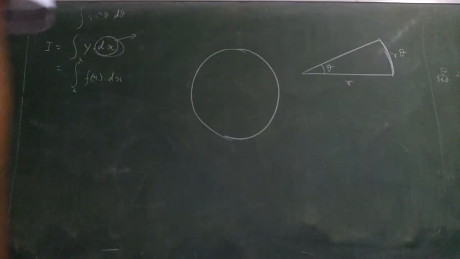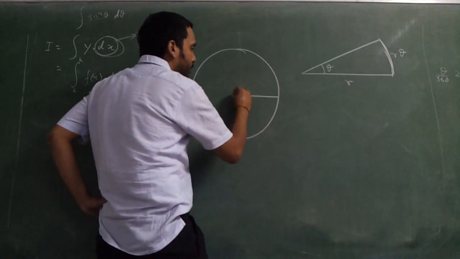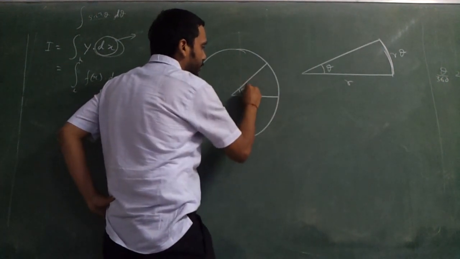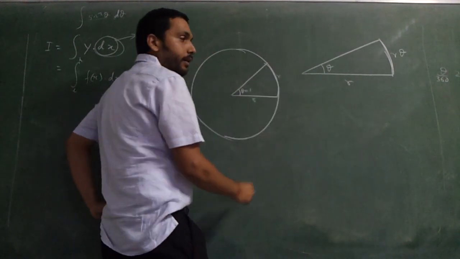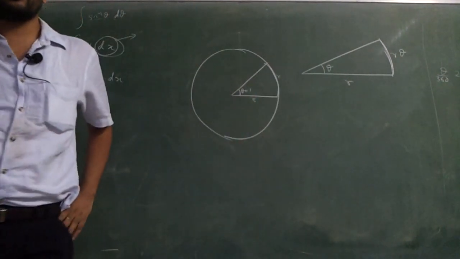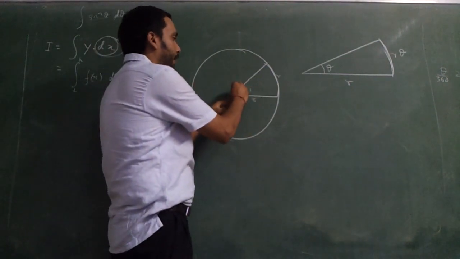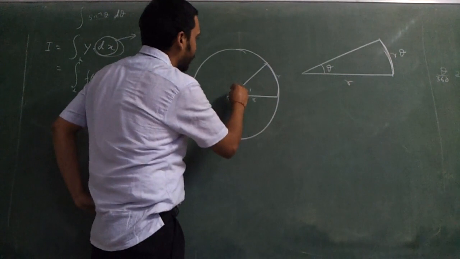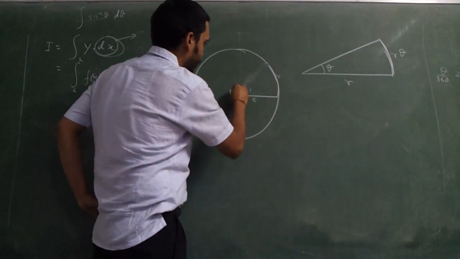1 radian by definition is the angle such that theta is equal to 1 radian if the arc length is equal to the radius itself. This you write down first. Suppose I build up another 1 radian angle over here. 1 radian is something like this.